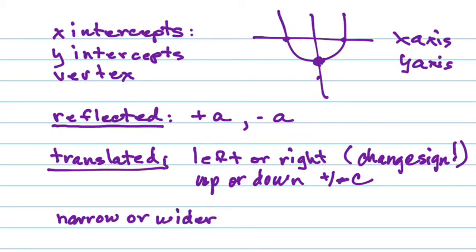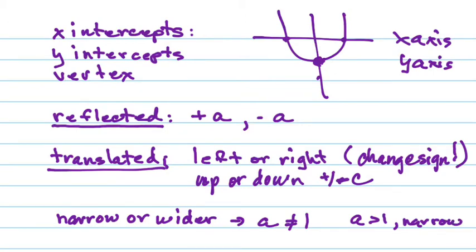Okay? And what happens there is that's where you have some a that's not 1, right? And remember, it's a little odd because if a is greater than 1, then it's going to get narrow, right? Because those numbers get steep.